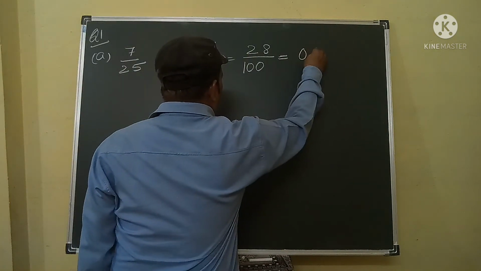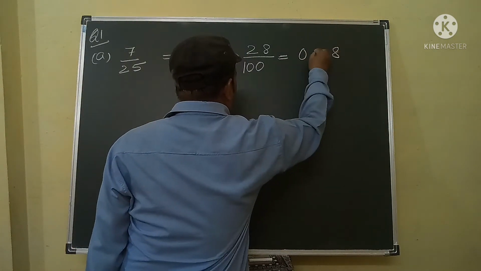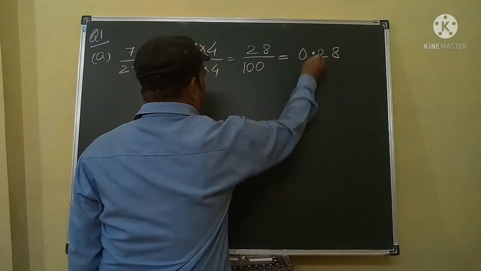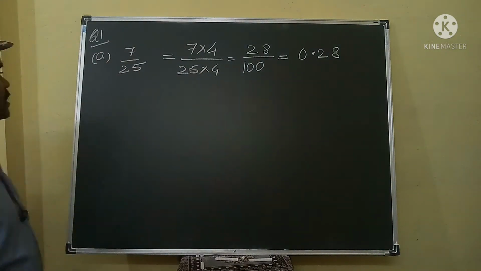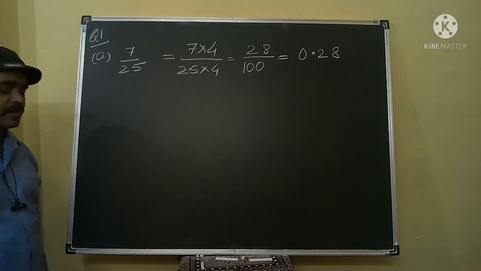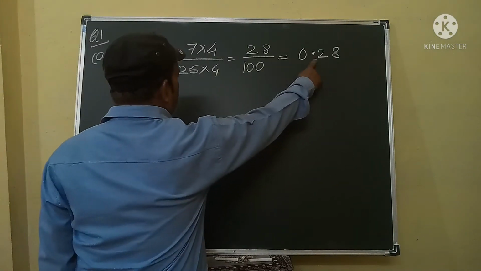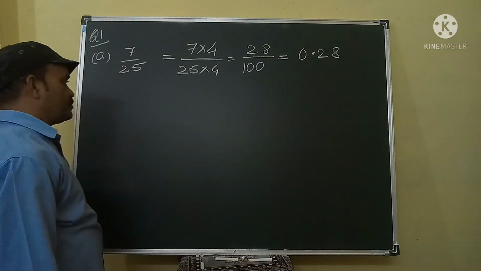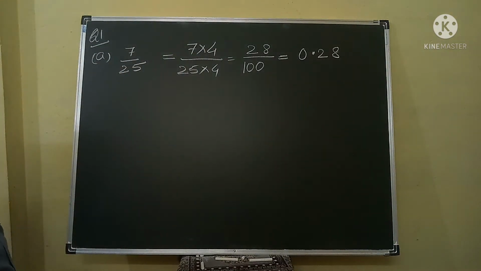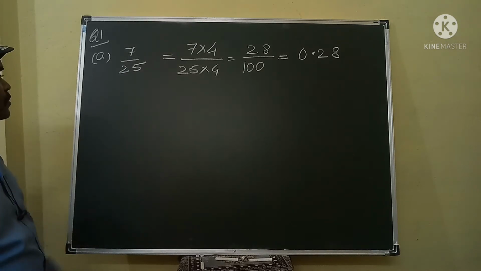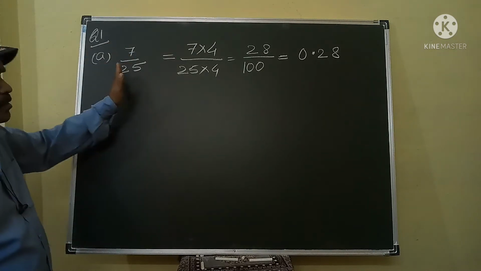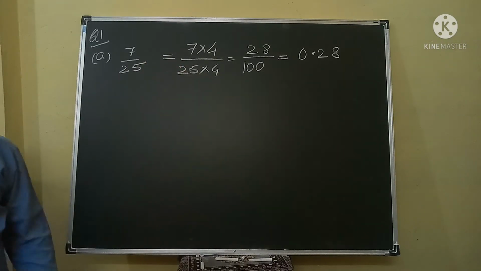So before 2 digits we will put the decimal point. That gives you 0.28. 0.28 is the required decimal form for 7 upon 25. Okay.